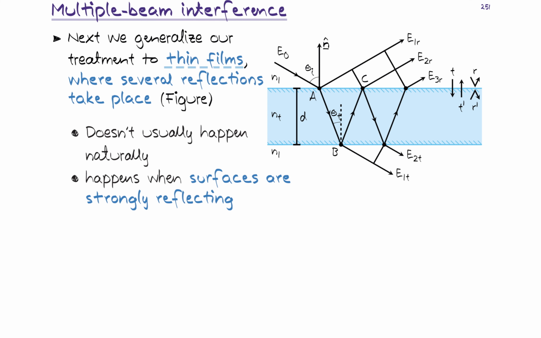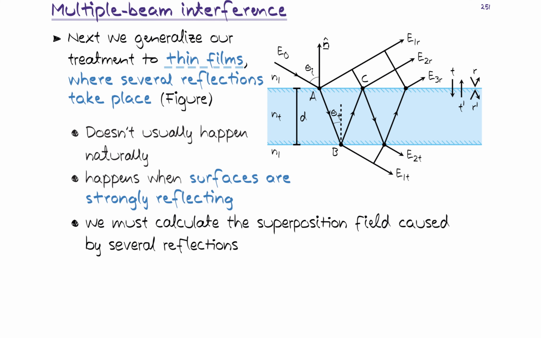So essentially these only happen when the surfaces are strongly reflecting, and this doesn't happen in nature quite easily, but rather we need to take use of not anti-reflection coatings, but the specific reflection coatings to make the interfaces highly reflecting ones. And now when that takes place, we must calculate the superposition of field that is being caused not just by a single reflection at the interface, but rather by several reflections due to the thin film structure.